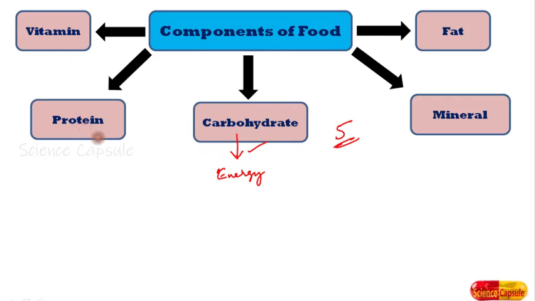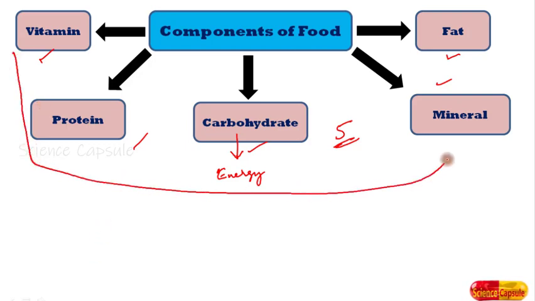And what about other components of food? Here fat, mineral, protein, vitamins are all other components of food which look after the growth, maintenance and other related activities in our body. So all these components of food are collectively called nutrients. Got it children?